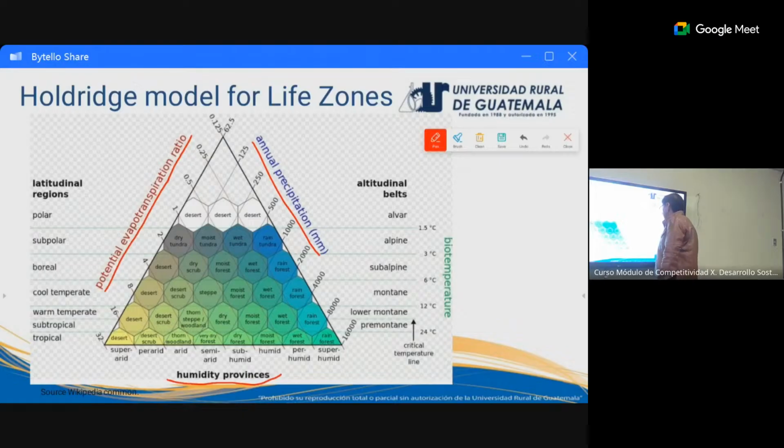Let's check. Here we can see, for example, the desert, this shape, or maybe a rainforest here to your right.